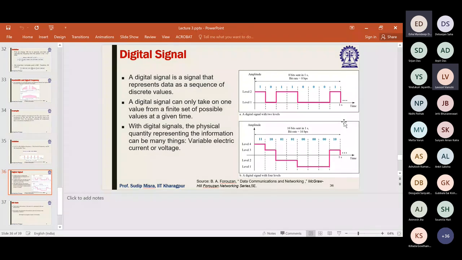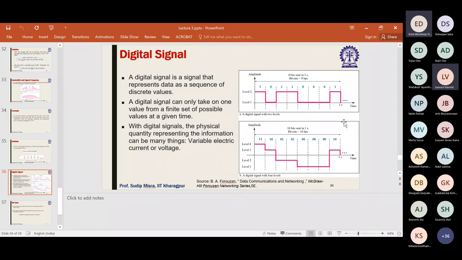But what I would like to tell you is that if you do a rough approximation, the required bandwidth for transmission is going to be N by 2, where N is the bit rate.